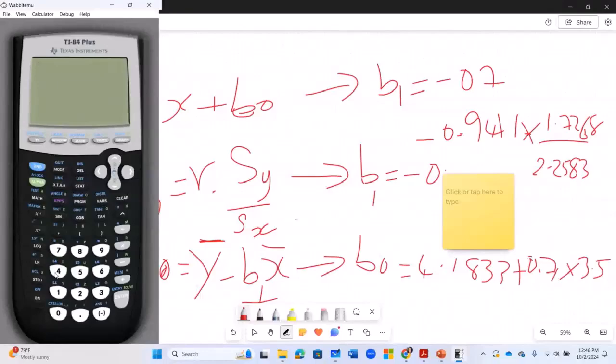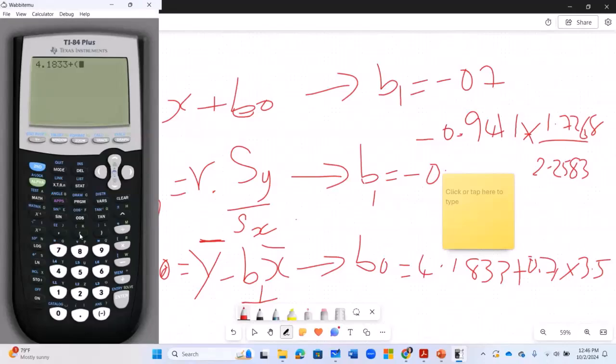Now I'm going to calculate B0, the intercept of the predicted equation. I have 4.1833 plus, and I can put parentheses because I'm multiplying. Parentheses of B1, and my answer for B1 is 0.7.